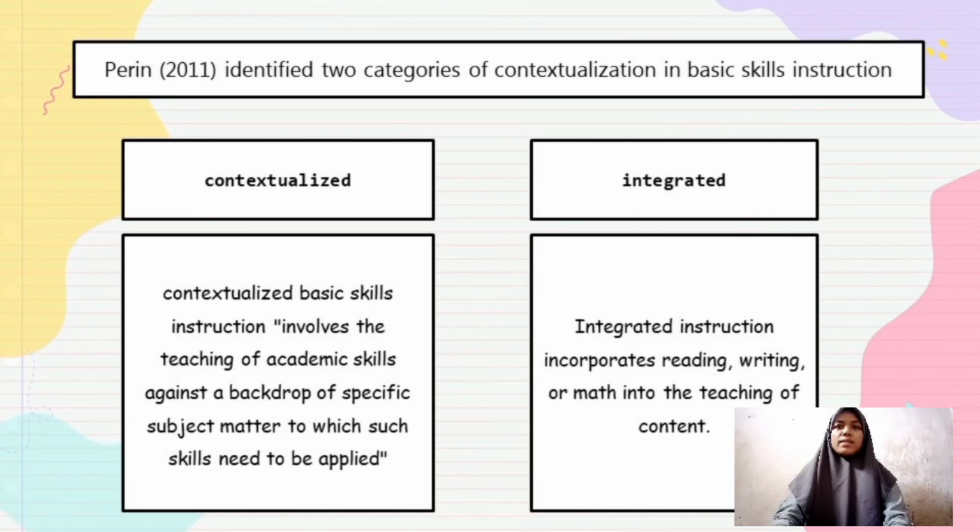However, as Perrin pointed out, integrating basic skill instruction requires the teacher to provide procedural knowledge and modeling techniques for students about how to perform the basic skill tasks as those tasks relate to subject matter.